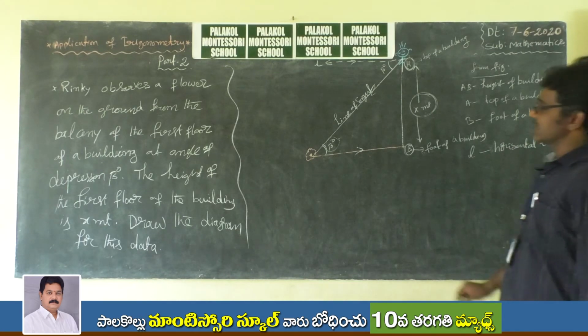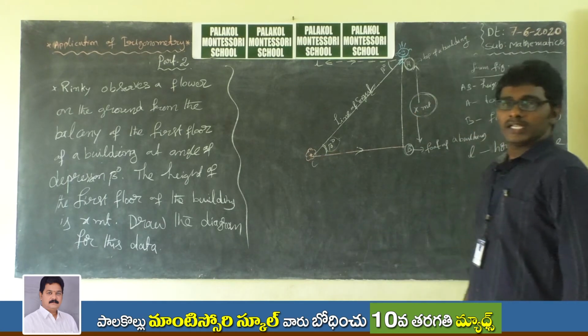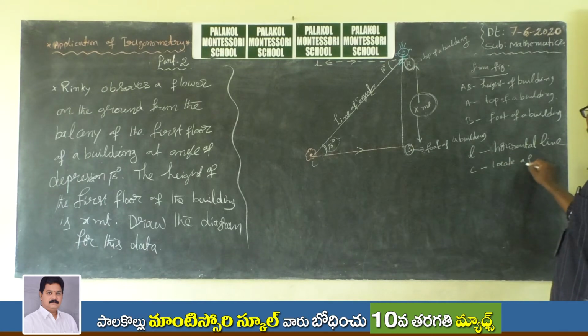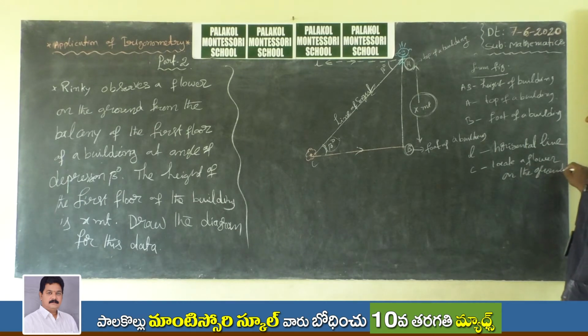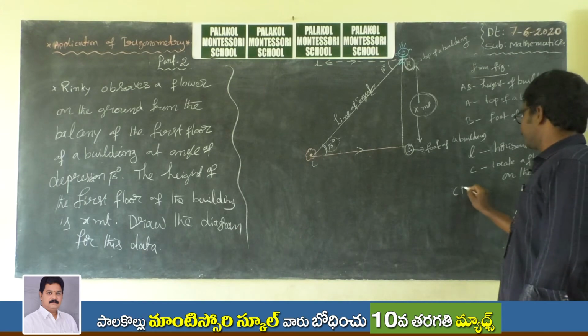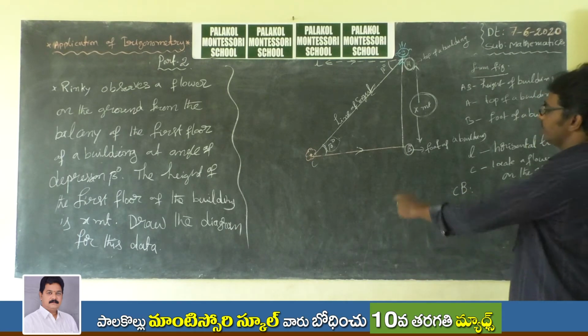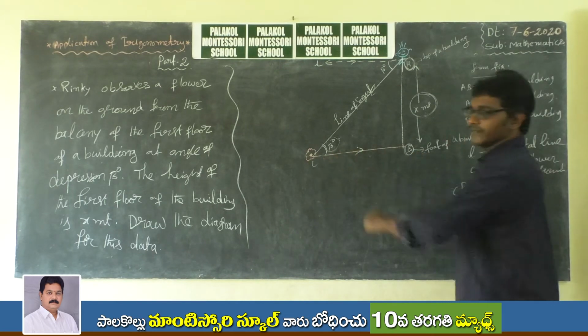C locates the flower on the ground. CB means the distance between the foot of the building and the flower.